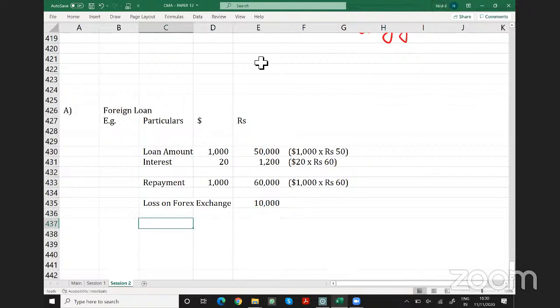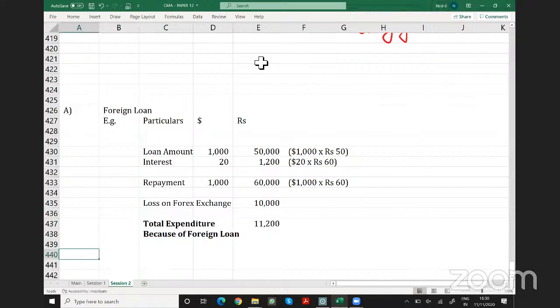So the total expenditure because of the foreign loan is 10,000 loss plus 1,200 rupees interest, which is 11,200 rupees.